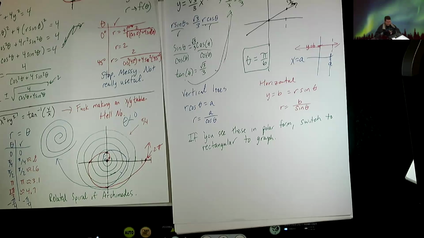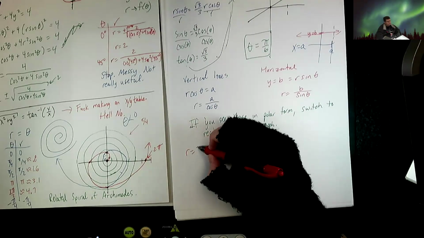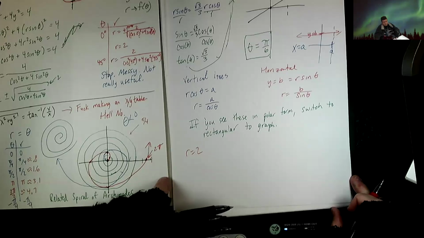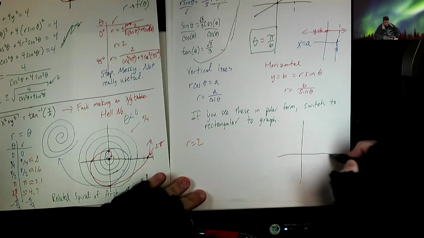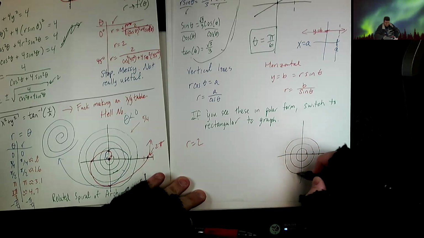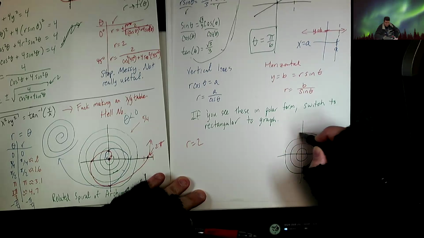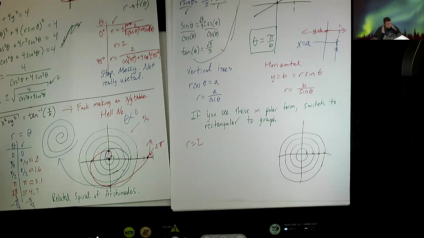What about something where we're in the form of r equals? Like, what about r equals 2? I don't have any information about theta, so go ahead, Michael.